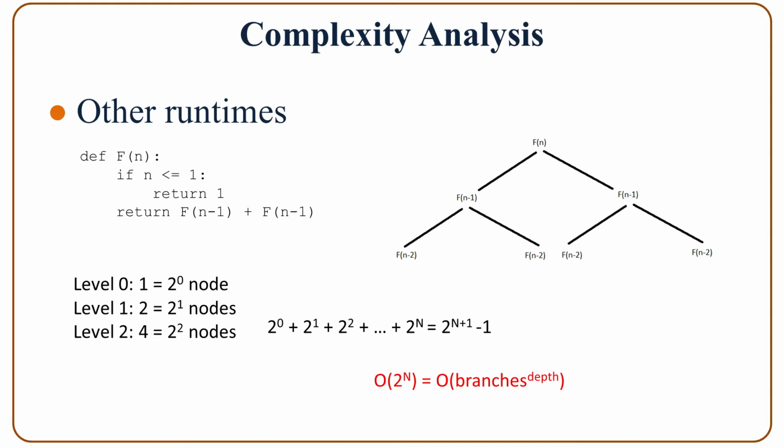We dropped the constant, and finally we have O of 2 to the n as the time complexity. And it is actually O of the number of branches to the power of the depth.